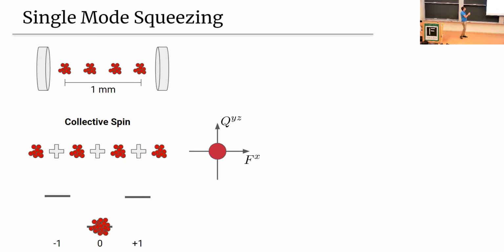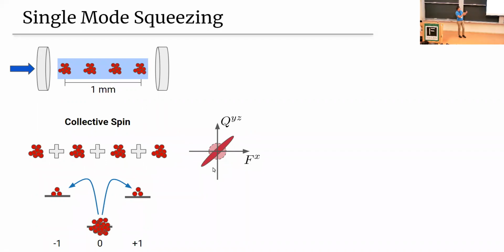So you can think of these 4 ensembles just as one big ensemble, and you can just add them all up. Then if you look in this phase space, again, like before, you prepared basically a vacuum state with symmetric fluctuations.